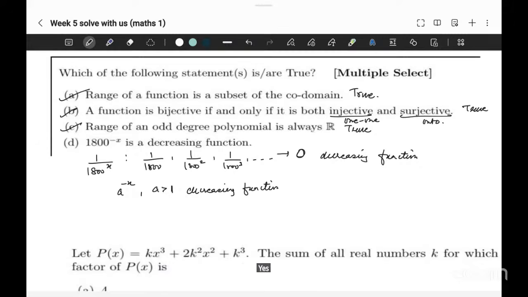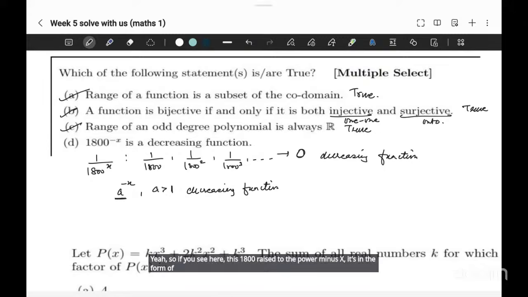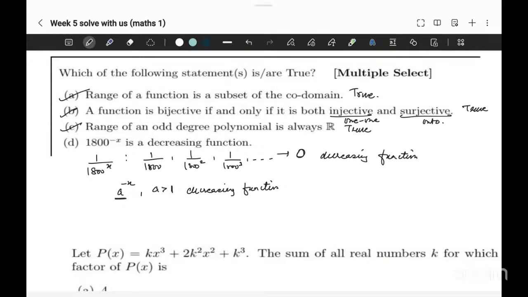Yes or no? Yes. So if you see here, this 1800 raised to the power minus x is in the form of an exponential. And if my a is greater than 1, yes or no? Yeah.